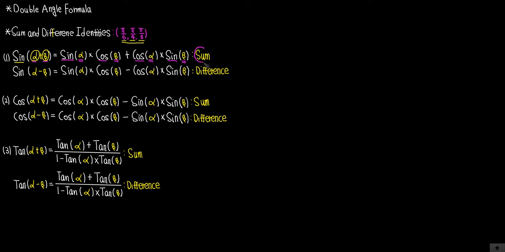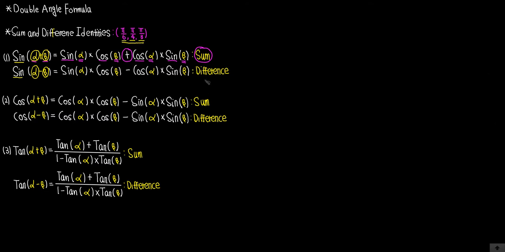And this is the sum identity, where if it's a plus between the two special angles, then the two expressions, just like I explained in our previous videos, will be connected with a positive sign. So let's go to the second one, which is the difference identity. For the difference identity, we form the sine of alpha minus beta, and again, alpha and beta are among pi over 6, pi over 4, and pi over 3 radians.